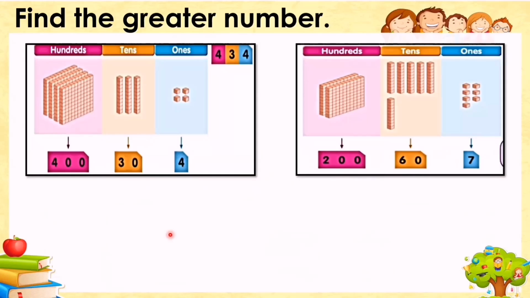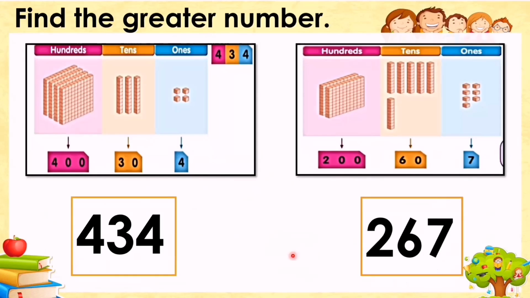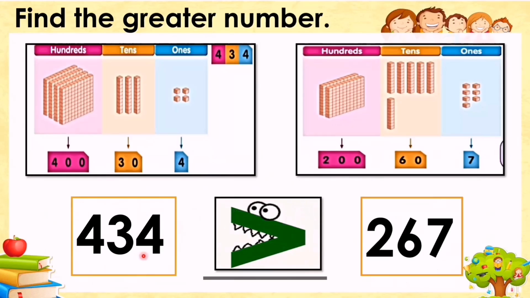If we are going to compare 434 to 267, which is the greater number? Okay, it is 434. So you are going to face the biggest or the bigger number.